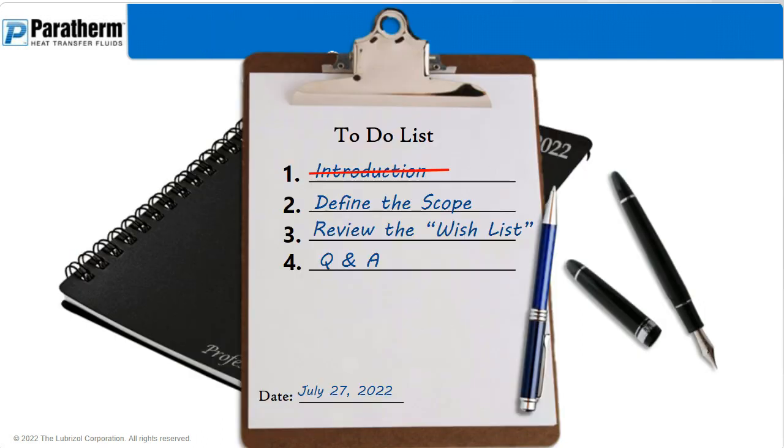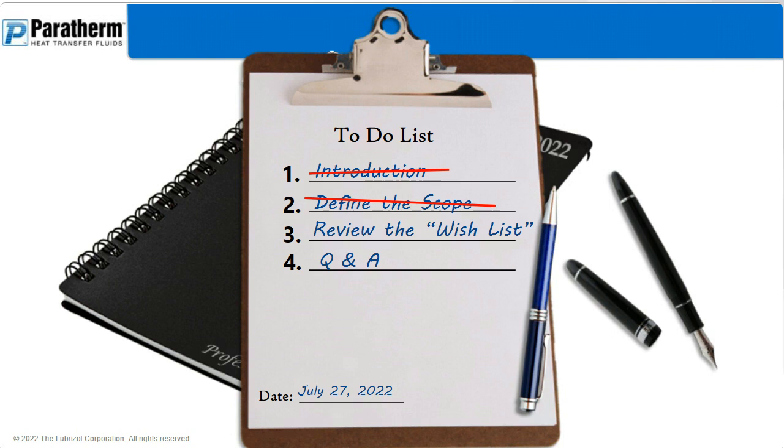All right, so that's the scope. We've defined the scope. Now let's really get into it. Let's review this wish list. This is a collective expertise wish list of key items and attributes from me and fellow experts in the field who have dealt with thermal fluids: designing them, researching, working in the field, servicing them, talking to customers and experts, and working with equipment manufacturers.